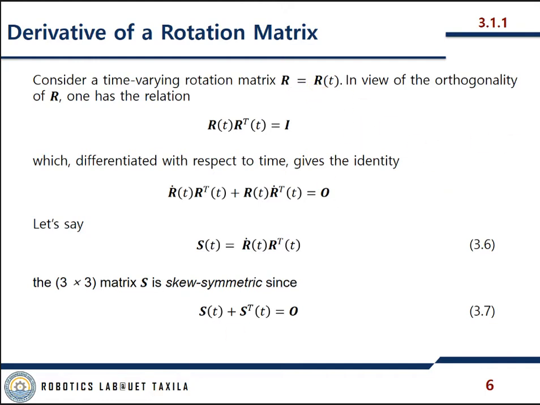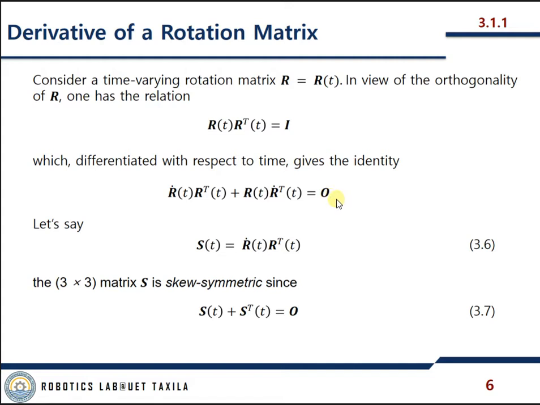In view of the orthogonality of R, one has the relation R transpose R equal to I, the identity matrix, which differentiated with respect to time gives R dot R transpose plus R R dot transpose equal to the null matrix.